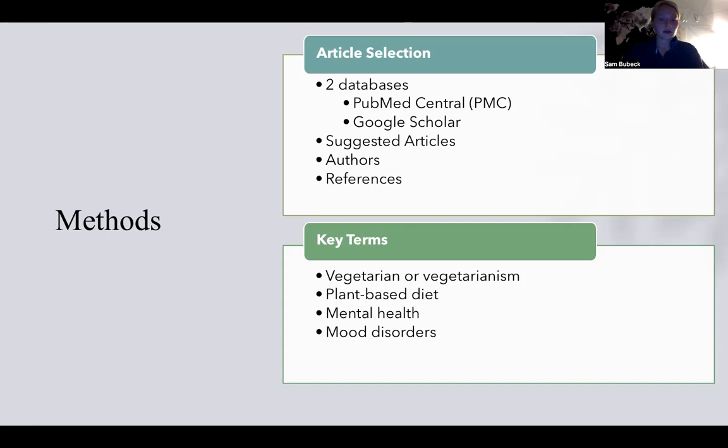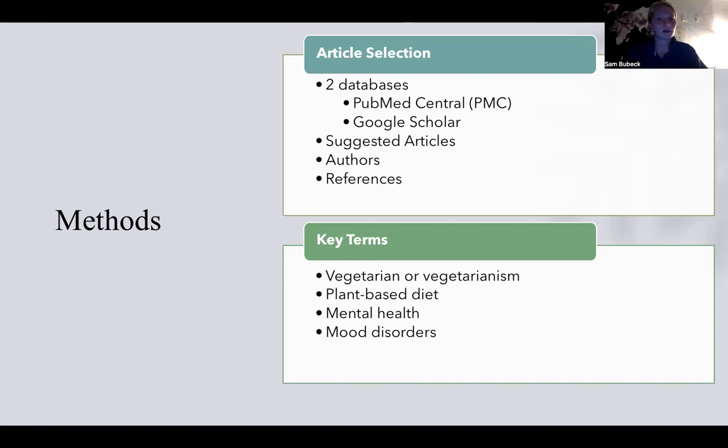The key terms that I used in my search were vegetarian or vegetarianism. Those were a bit alternating, as well as plant-based diet, which I did not have as much luck using as I did with the terms vegetarian or vegetarianism.